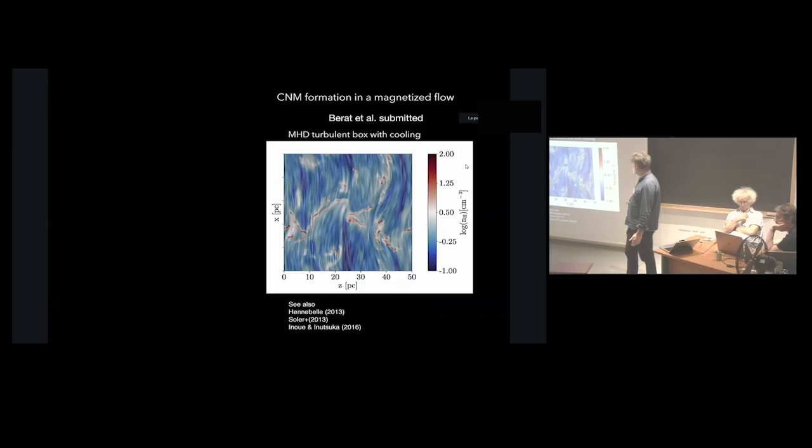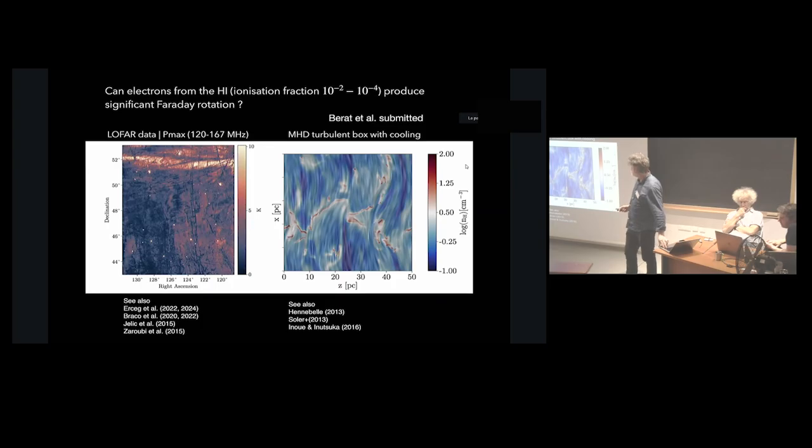This is an example where you see small clouds being formed in a magnetic field, and I don't have time to go through the details of Faraday tomography. This would take me 2 hours. But we have been trying to reproduce from simulation box what we see in the Faraday sky using LOFAR.